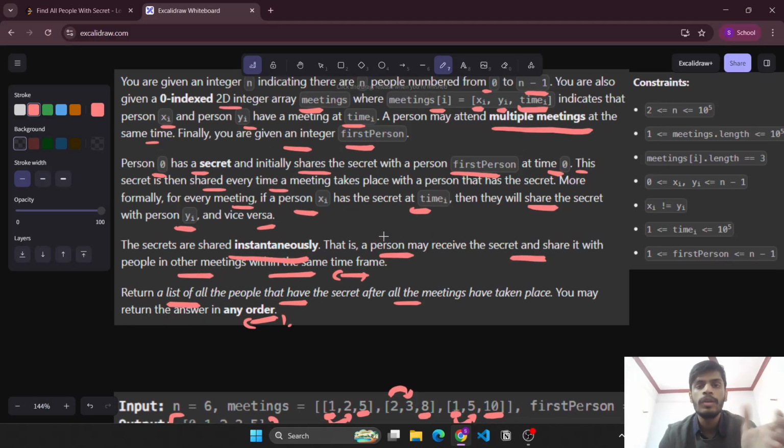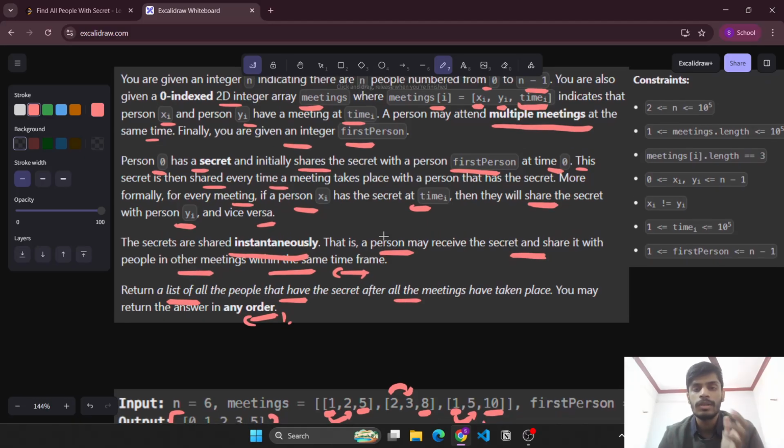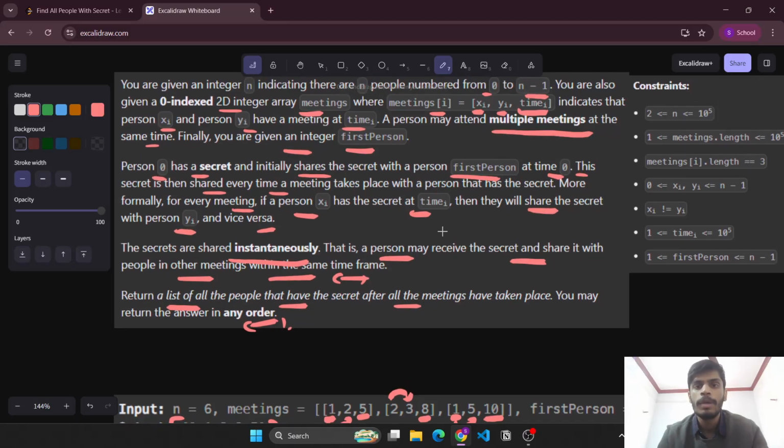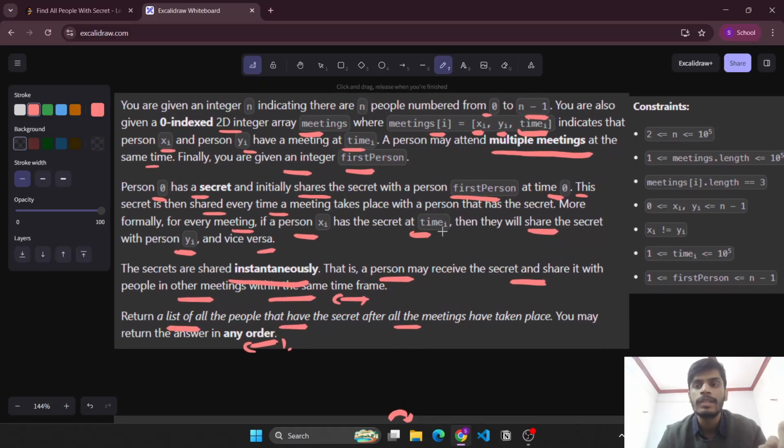If we find the people who are connected with each other at a particular time t, then if one of them knows the secret, we can simply start a BFS from that person and move out till we reach new people who do not know the secret, and keep adding them to our known set. So if we are able to get the connected set of people at each particular time, then we'll be able to solve this problem.